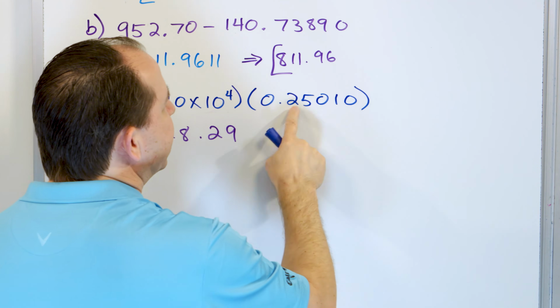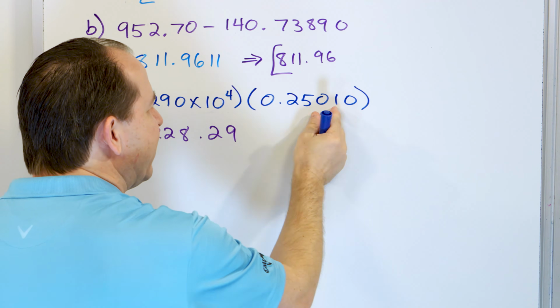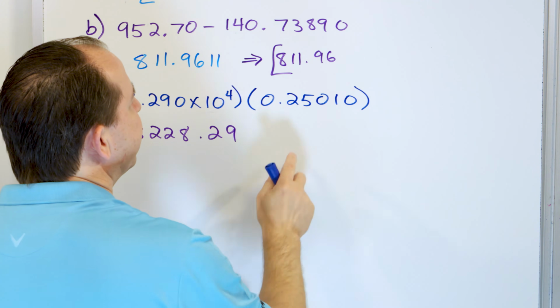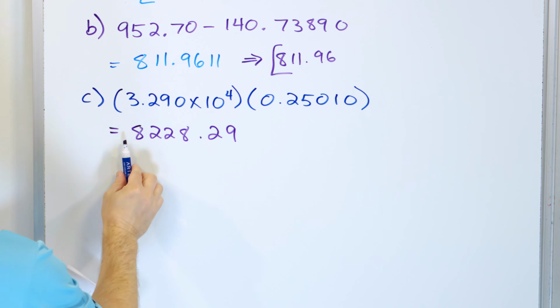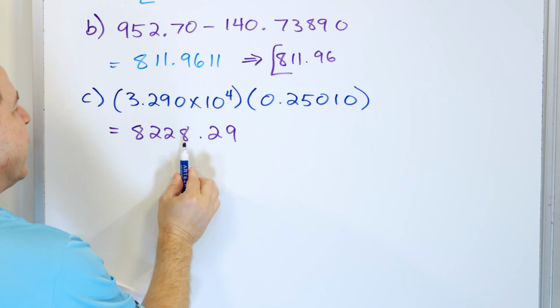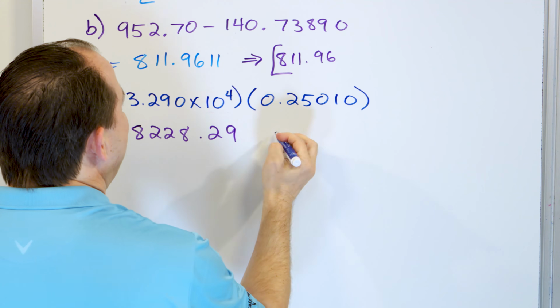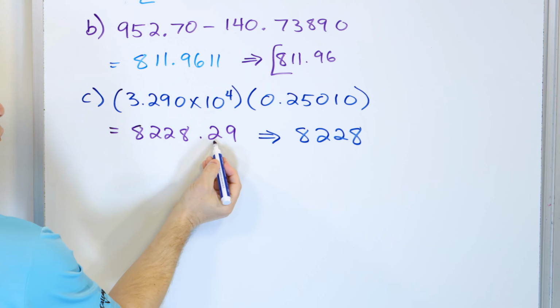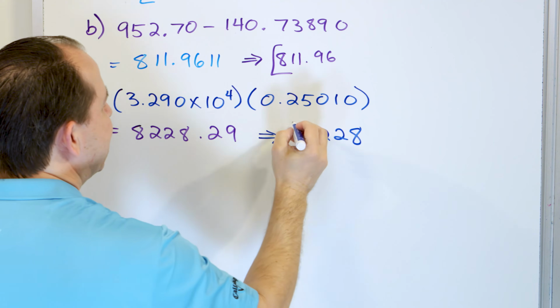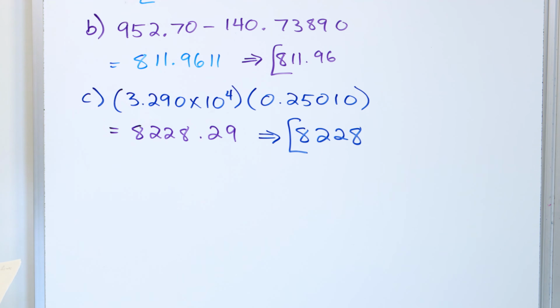All of these are significant. This is a 0 that's sandwiched, and this one is a trailing 0 after a decimal. So 5 significant figures, 4 significant figures, so I need to round this one to its 4th significant figure, which is the 8. So actually, it's going to be 8228 because the next door number is a 2, which means I round down.